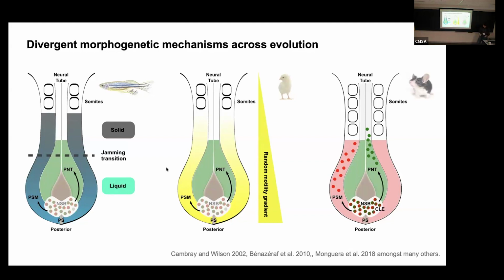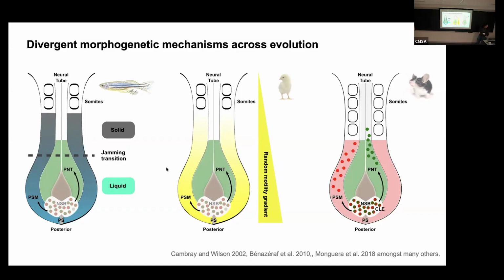In the PSM you've got high motility, a high degree of cell rearrangements in the posterior, which stops quite abruptly at that jamming transition that they found in Ujjikampas labs, and then the tissue solidifies. This is different to what they found in Olivier's lab to happen in chick, where there's more of a random motility gradient along, and then in mouse, we know.